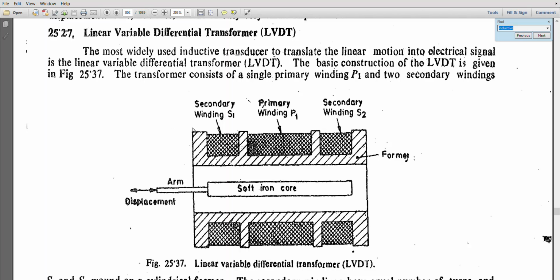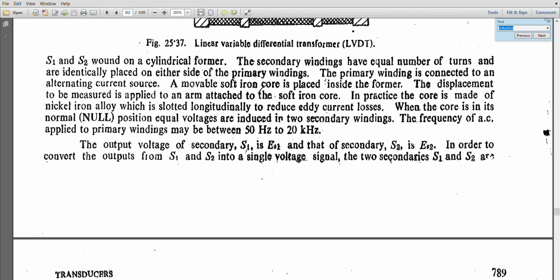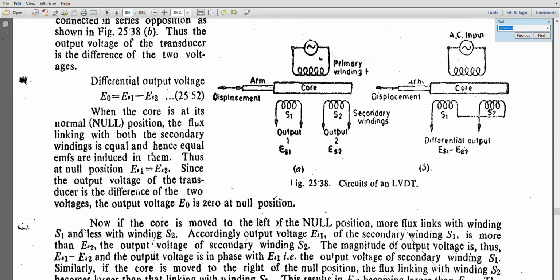Here you have a soft iron core that is placed between the primary and the secondary windings. I have an alternating EMF produced across the primary, and because of the change in the EMF, there is a current flowing in the coil.